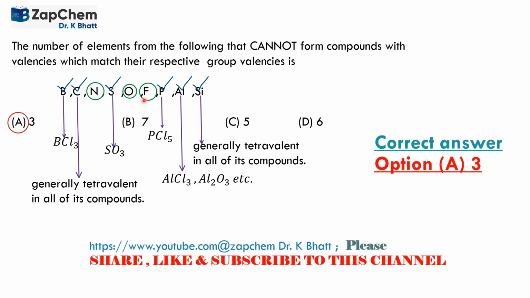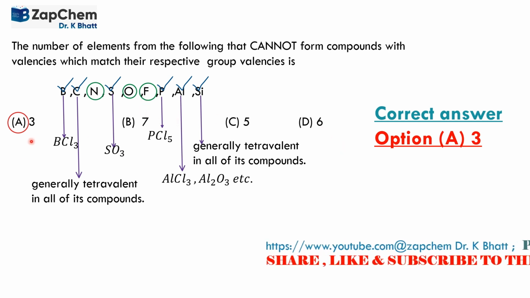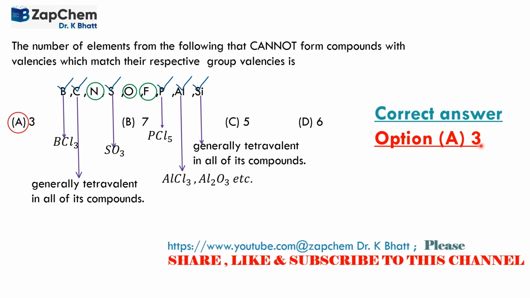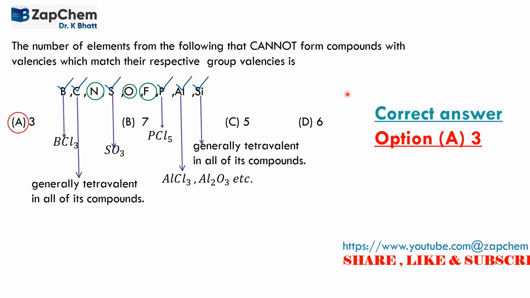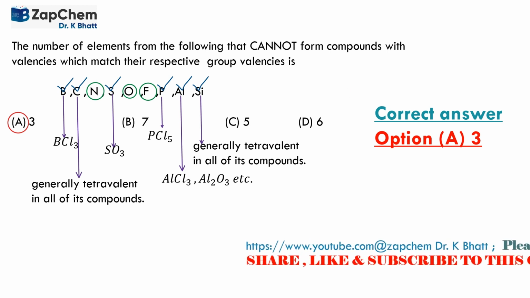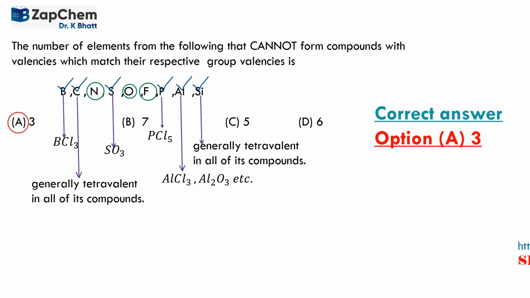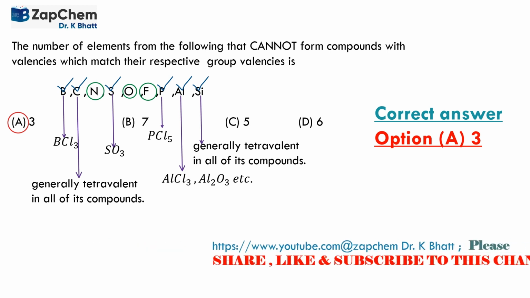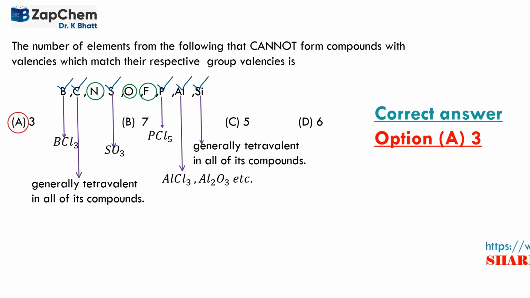As such, the correct option in this case, or the correct answer, is option A, 3. Okay, that is how we can respond to these questions. The questions are very simple, but still you have to recall and consider group numbers and their valencies, leaving apart certain cases such as interhalogen compounds.